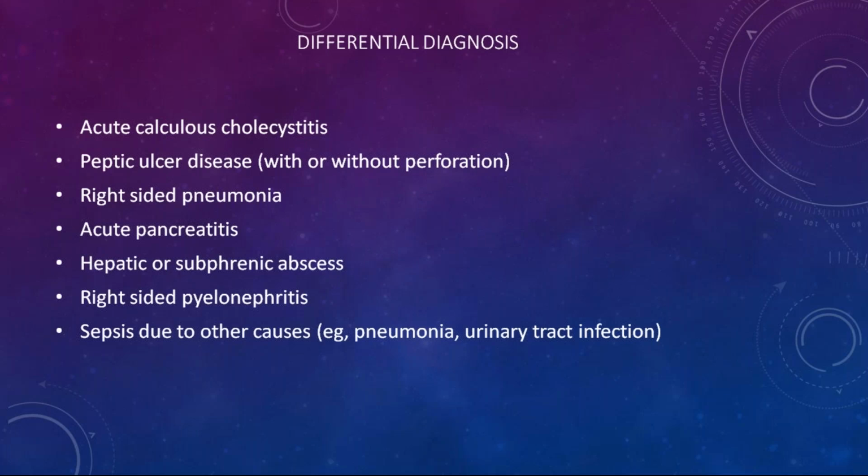Then there is peptic ulcer disease, that is duodenal ulcer or gastric ulcer with or without perforation, right-sided pneumonia, pancreatitis, subphrenic or hepatic abscess, and right-sided pyelonephritis. Pyelonephritis is infection of the kidney.